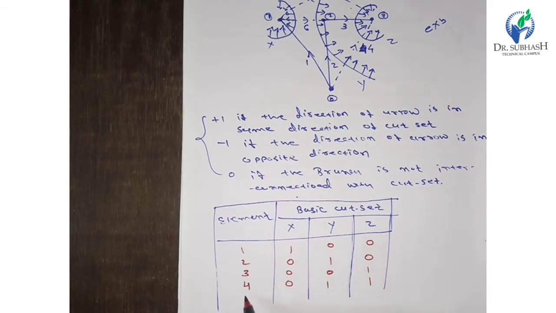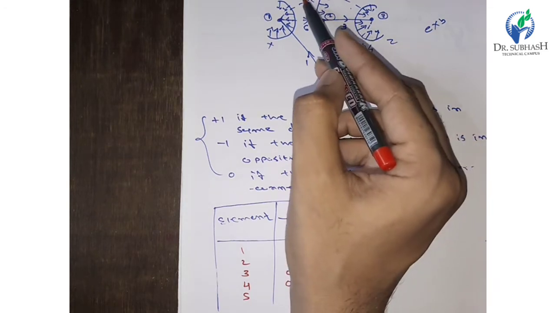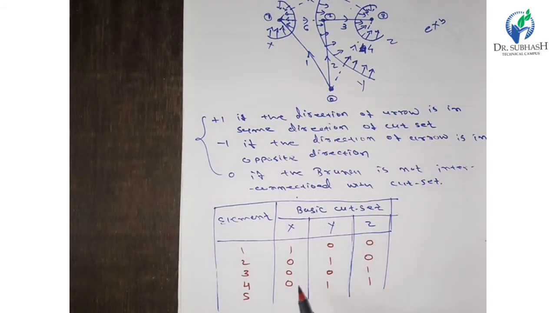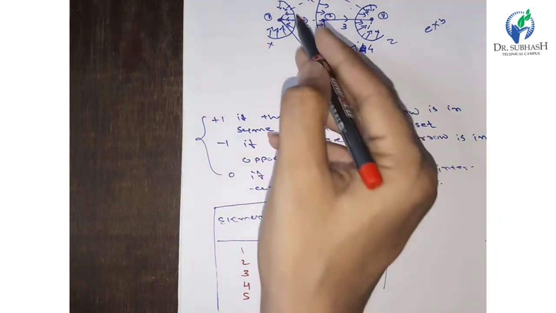In the same way, element 5 is connected with basic cut set x, so the value is 1.